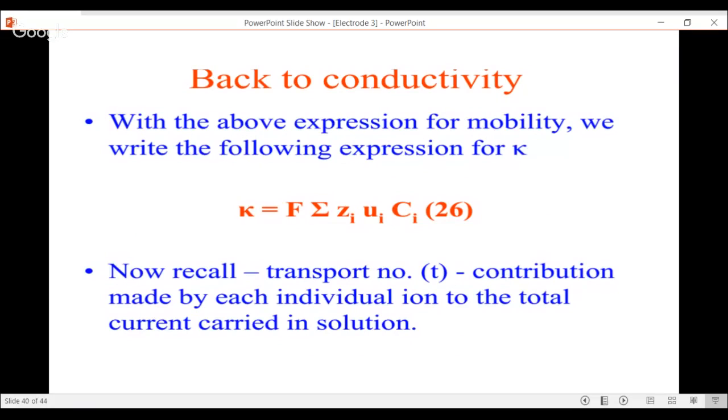So with the above expression for mobility, we write the following expression for kappa. Kappa is the conductivity, which is Faraday times the sum of Zi Ui Ci. Now recall transport number t, the contribution made by each individual ion to the total current in the solution.